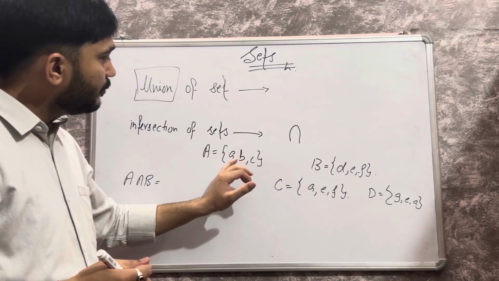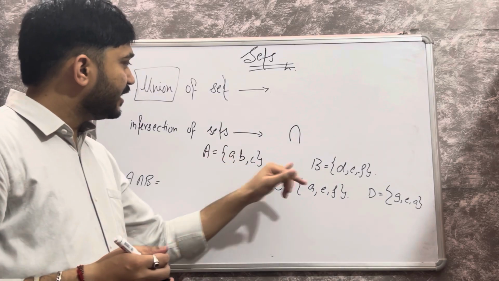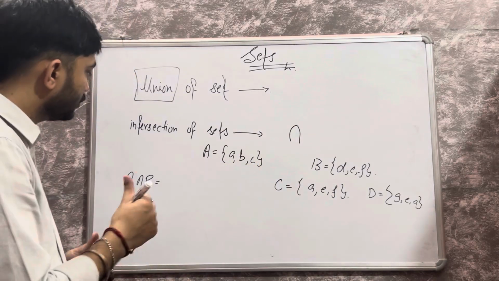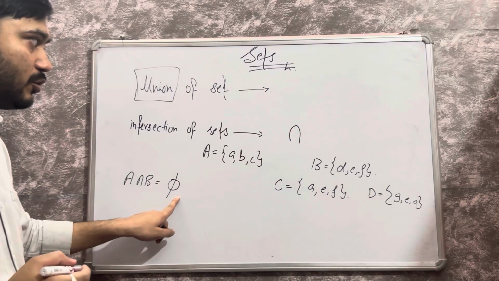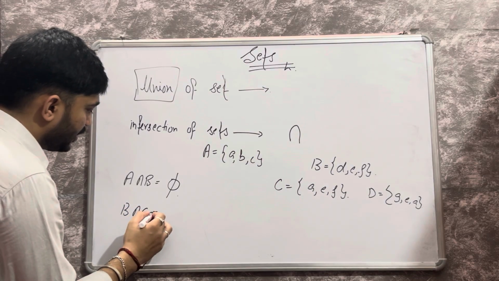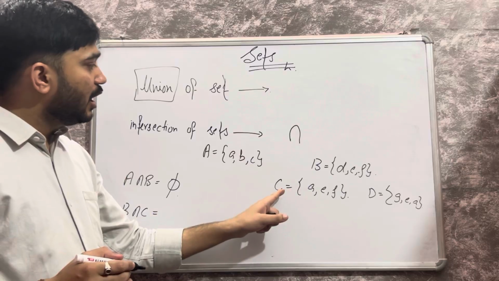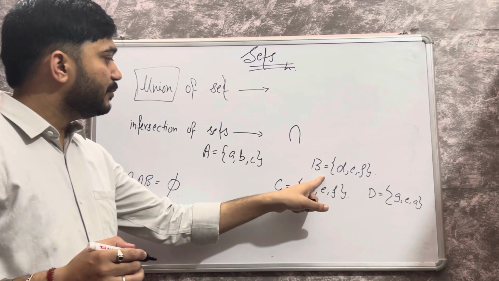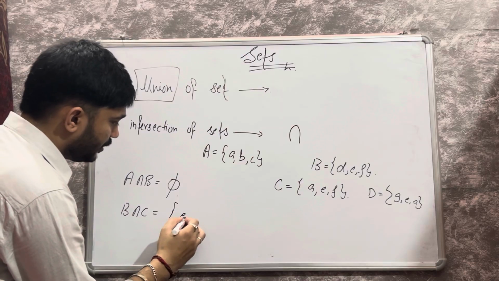Is there any element that is common between set A and set B? So we say no. So the answer will be empty set, which means no element is common. If we write the intersection between B and C, then we see how many elements are common between B and C, that is e and f. Then we write e and f.